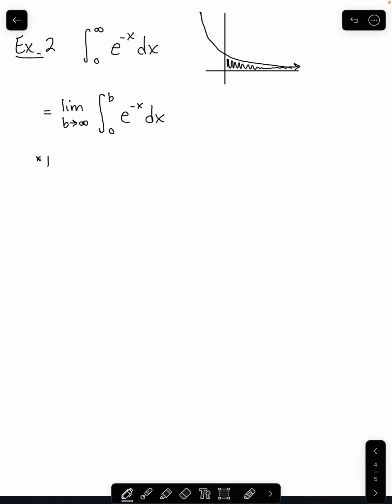So as before, we start with the antiderivative. This is simple enough to do. The inside function is negative x, which has a derivative of negative 1.